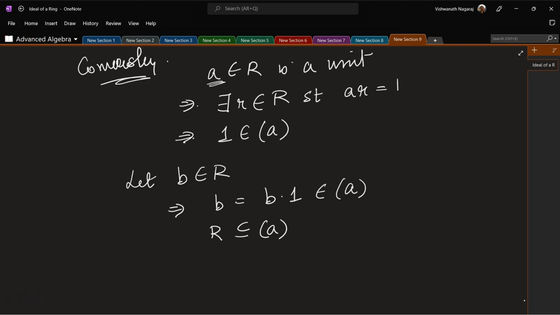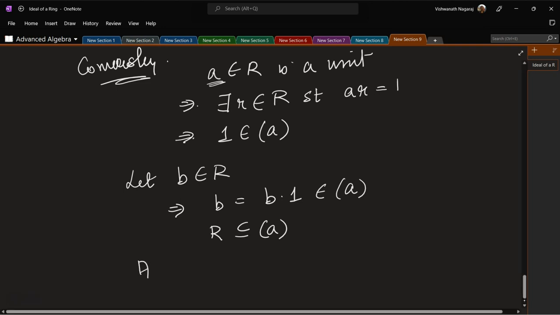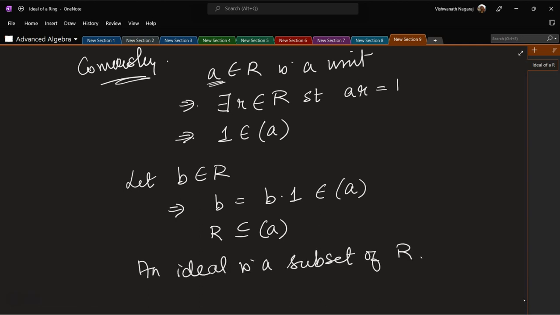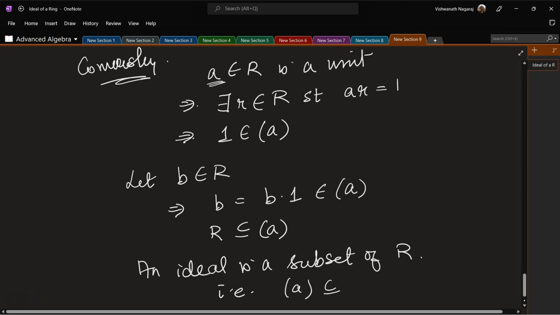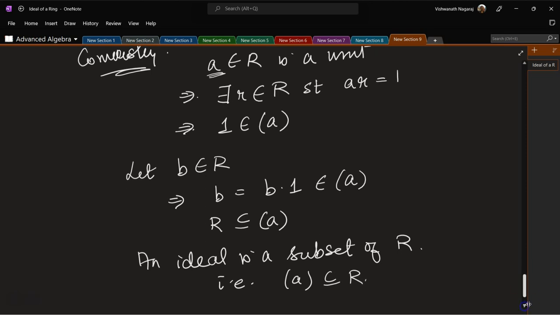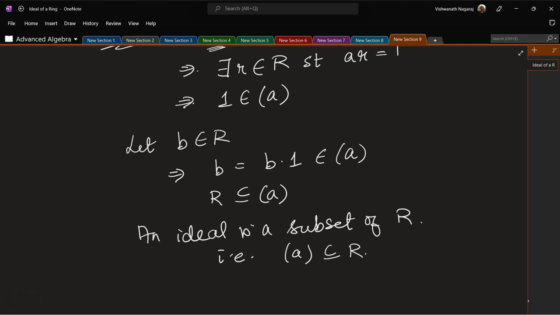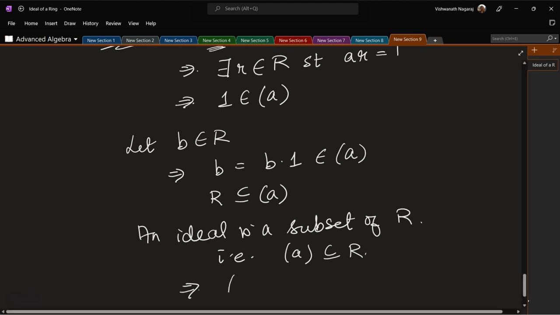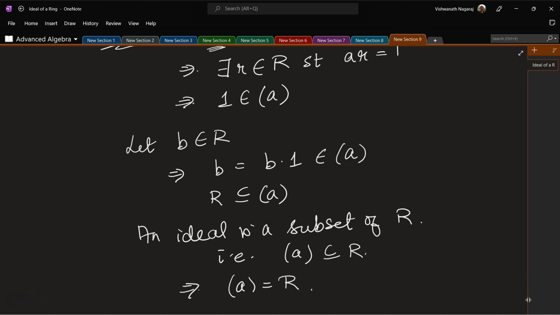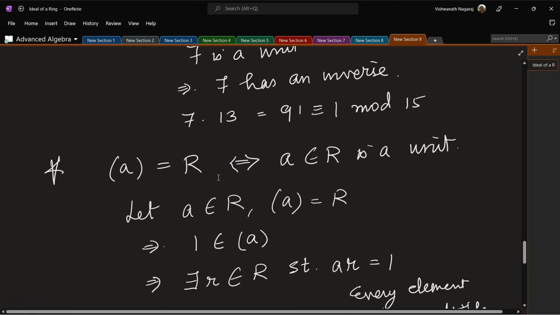But we know that an ideal is a subset of the ring R. That is, the ideal is a subset of R. So, since R is a subset of A and A is a subset of R, it implies that the ideal generated by A is equal to R. So we have shown both sides.